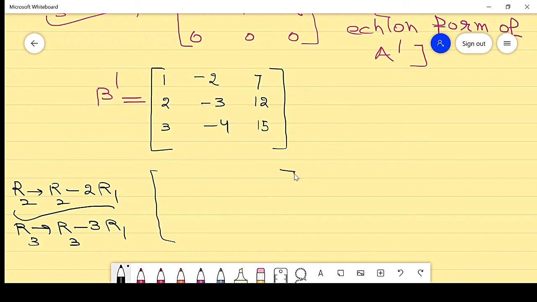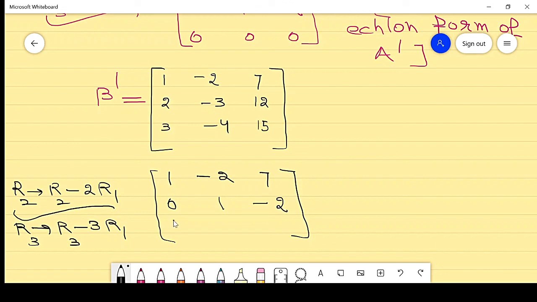So this will be 1, minus 2, 7, 0, because multiplying by minus 2 and adding to this row, 4 minus 3, which is 1. Here it is minus 14 plus 12, so minus 2.